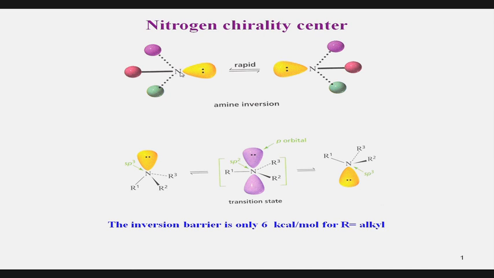Now, if it is so, there are four groups basically, arranged in a tetrahedral fashion, and all four groups are different, and so this nitrogen belongs to the class of a stereogenic center, or the so-called chiral center in the case of carbon. And so, this nitrogen is a chiral center, because all the four ligands are different.